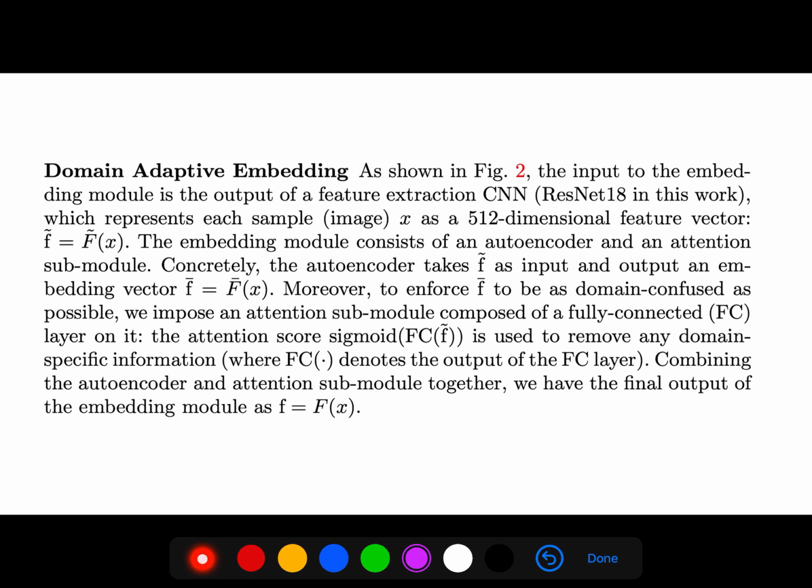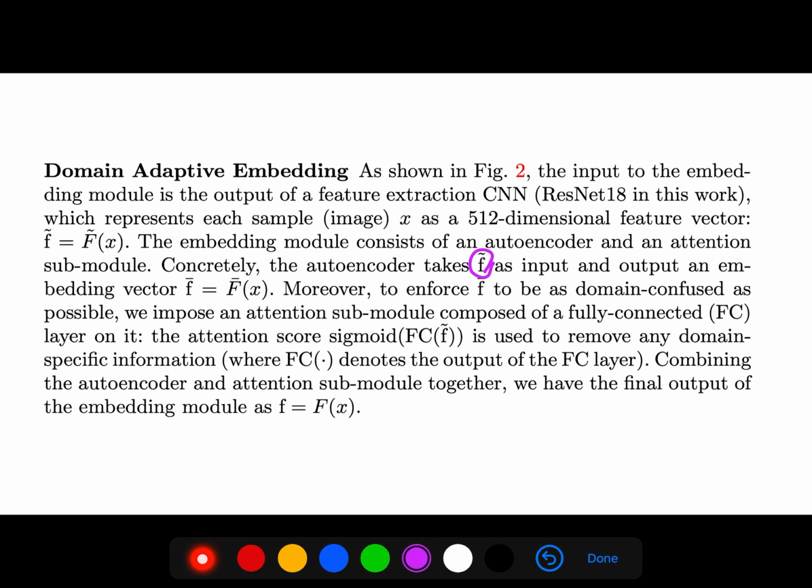The input to the embedding module is the output of feature extraction. The embedding module consists of an autoencoder and an attention submodule. So the autoencoder takes f tilde as input and outputs the embedding vector.